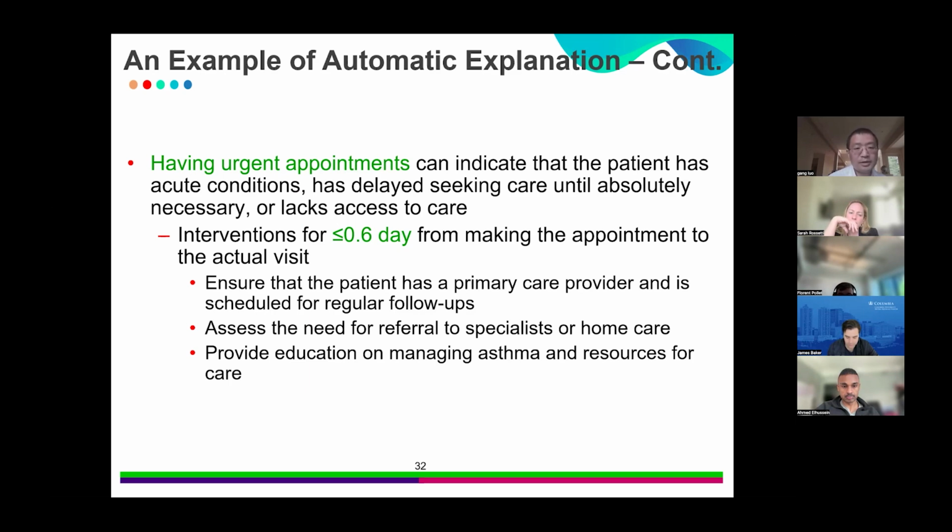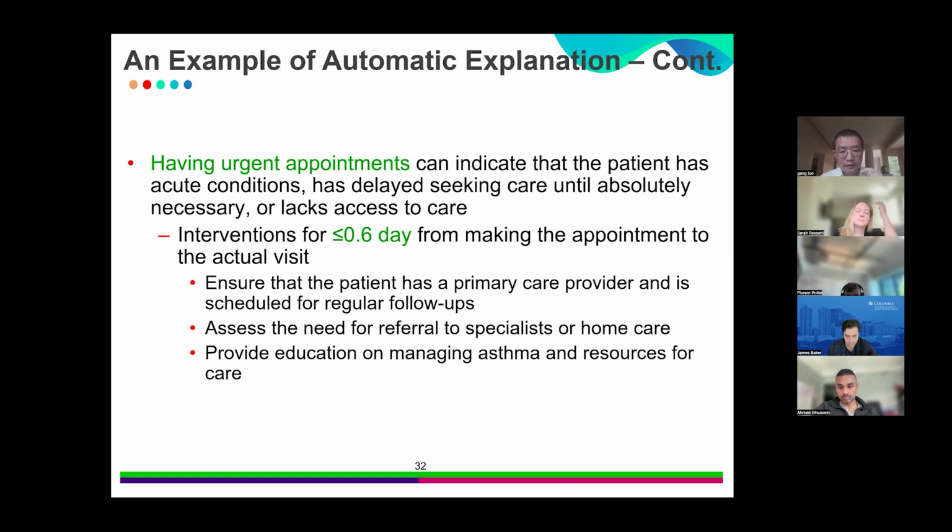So this means the patient had urgent appointments, indicating that the patient had acute conditions, has delayed seeking care until absolutely necessary, or lacks access to care. Then the pre-compiled interventions suitable for this reason include ensuring that the patient has a primary care provider and is scheduled for regular follow-ups, assessing the patient's need for referral to specialists or home care, and providing education on managing asthma and resources for care.